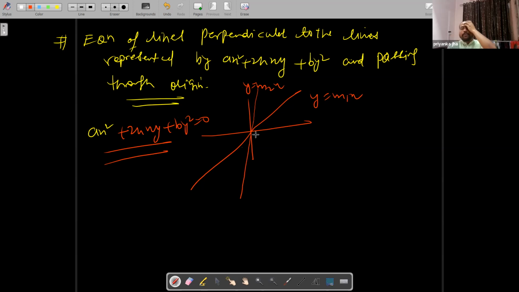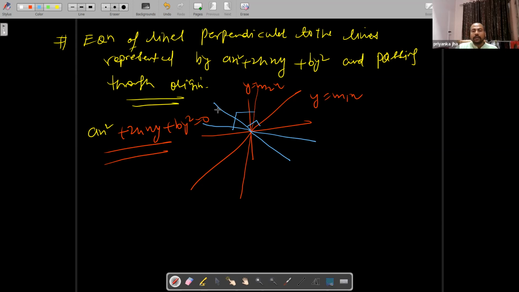Now we have to find the equation of lines which are perpendicular to these given lines. Suppose perpendicular to this line is this, and perpendicular to this line is this, and both of them should pass through origin.